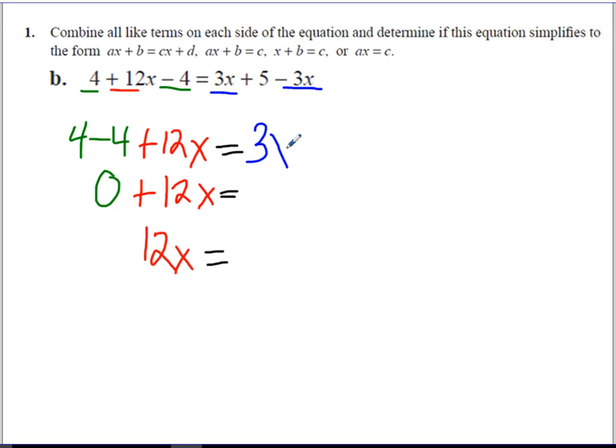So 3x minus 3x, or 3x plus a -3x, gives us 0 there. And then we have our plus 5 with nothing to change it. So we have plus 5 over here. And 0 plus 5 is just 5. That 0 from the 3x's disappears. And so we have 12x equals 5.